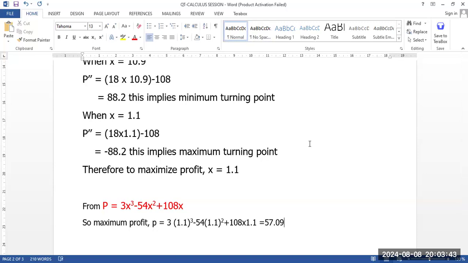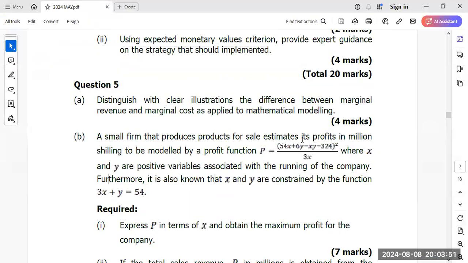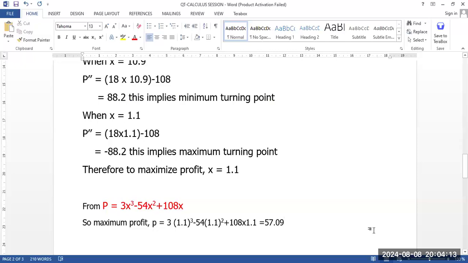But we want to see whether our profit, basing on our question, is in 1,000 or in a million. And you see that the profit is in what? In a million shillings. Another person is saying 57.45. Who is right now? So it means that this is the shillings in million.